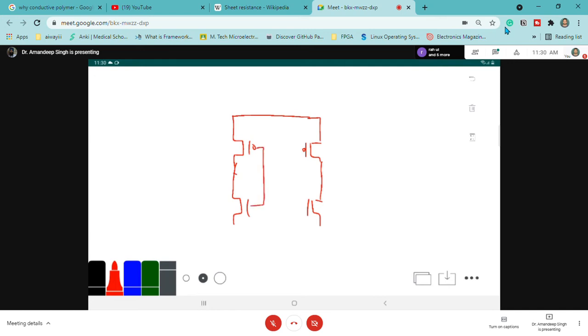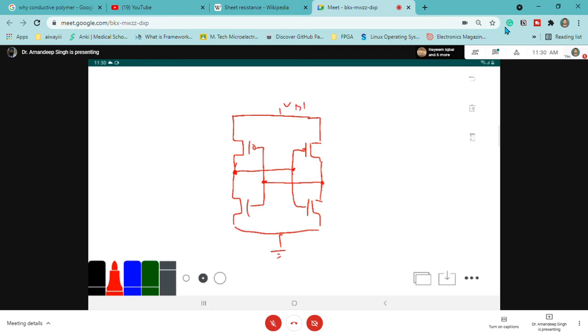This is basically the input of both. So this node is connected with this node, and this node is connected with this node, and this will be VDD.